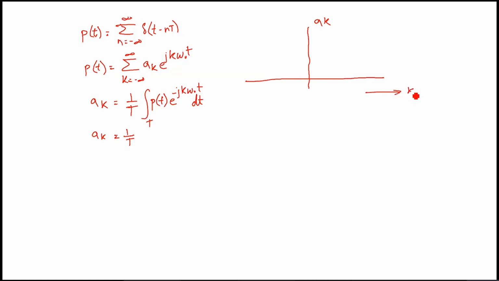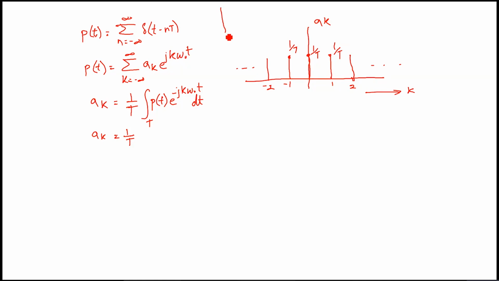This is a representation of the Fourier series, and we notice that all of them have value equal to 1 over T. It's just 1 over T and 1 over T and 1 over T, and it just continues at plus minus 1, at plus minus 2. So throughout it is just going to be 1 over T. So this is the Fourier series representation of your P of t.